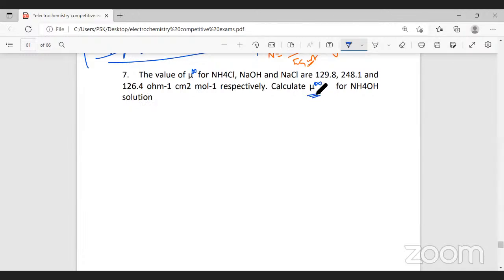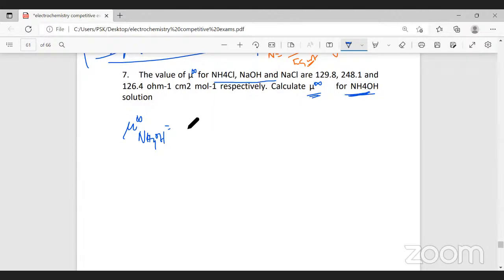Calculate the molar conductance at infinite dilution for ammonium hydroxide. So they're asking you to calculate molar conductance at infinite dilution for ammonium hydroxide. How do I get this? From these data, we need to arrive at ammonium hydroxide.